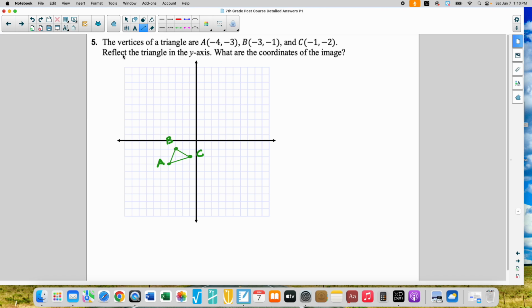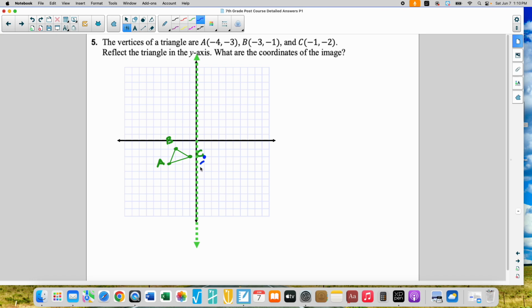And reflect the triangle in the y-axis. This is the y-axis. What are the coordinates? So we're going to reflect it. Let's draw a reflection line just so we know what that looks like. So we're going to reflect it over the y. It's going to have the same y value. It's just going to reflect its x value.